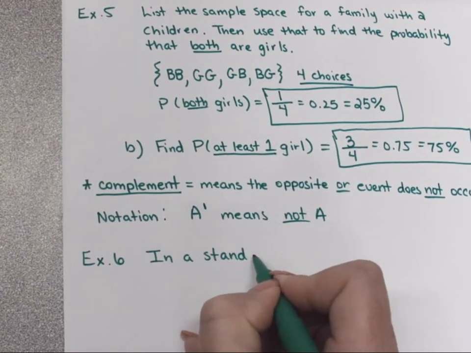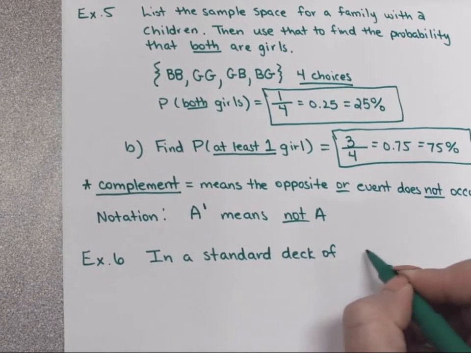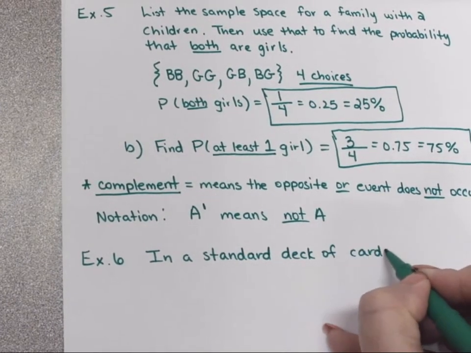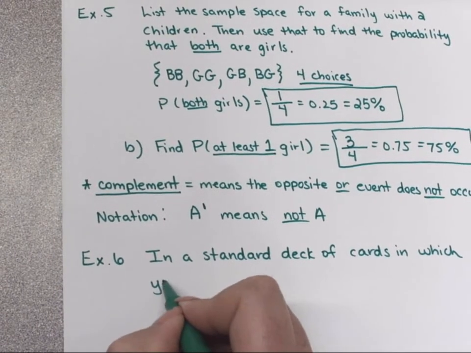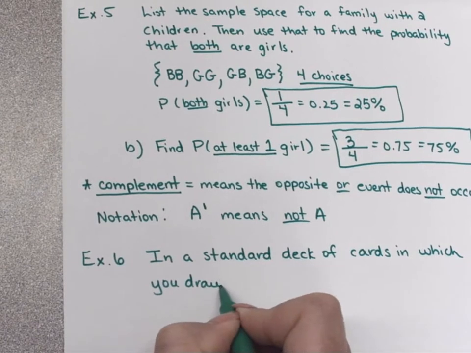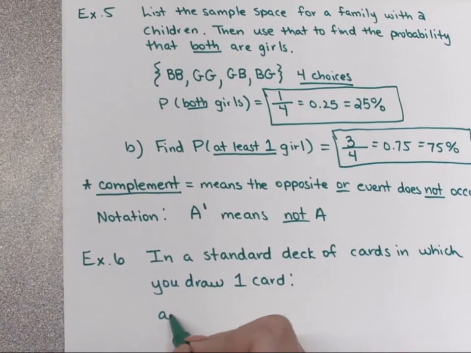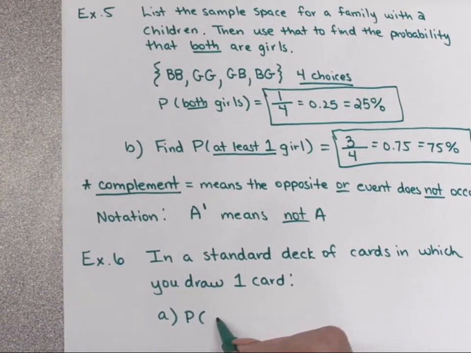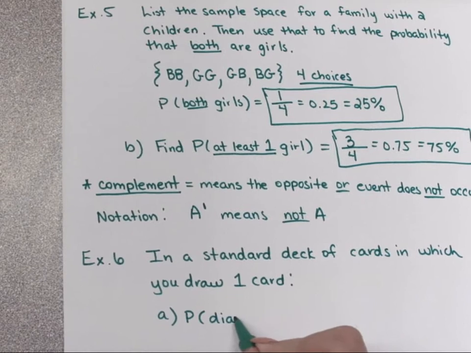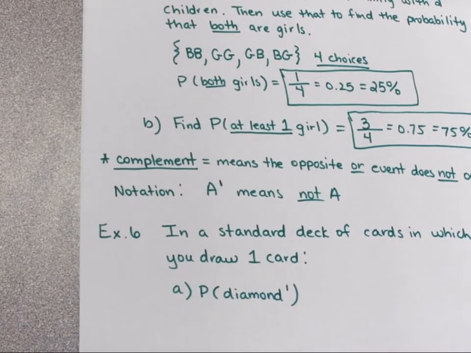So in a standard deck of cards, in which you draw 1 card, first of all, I want you to find the probability of diamond and then with a little 1 above it.